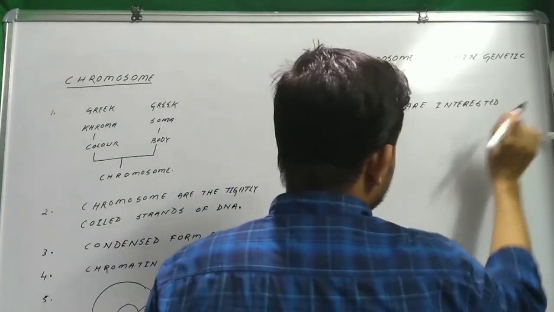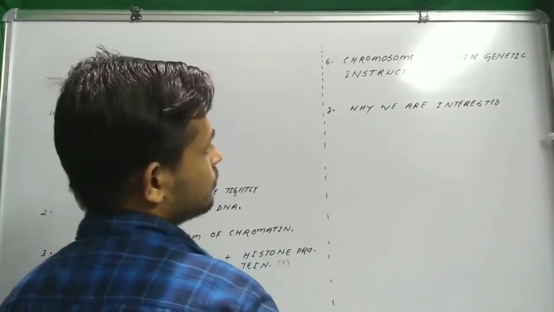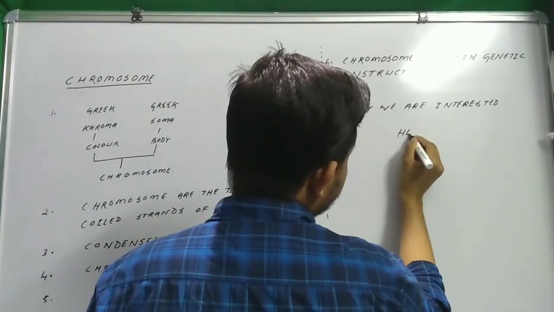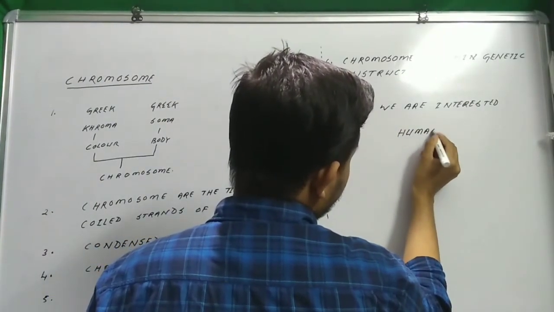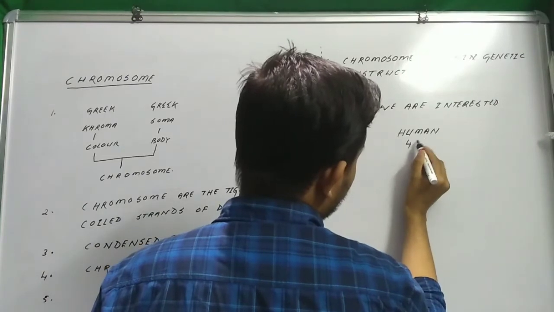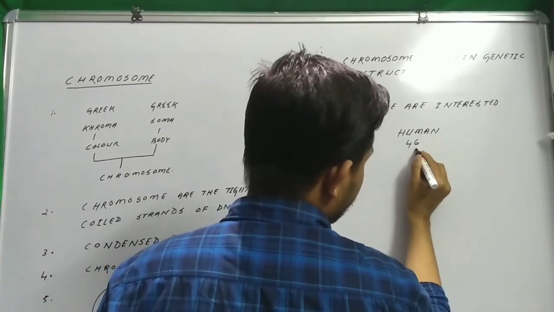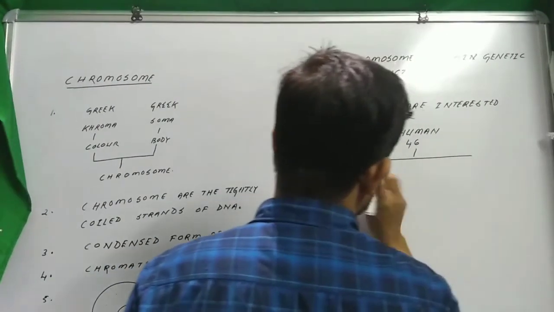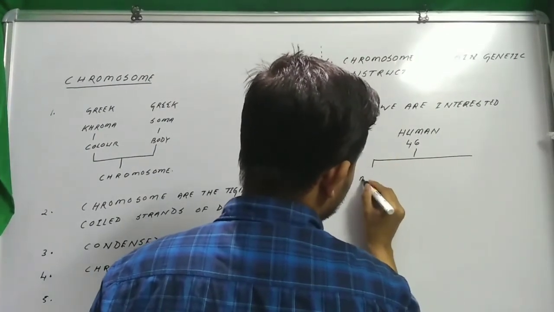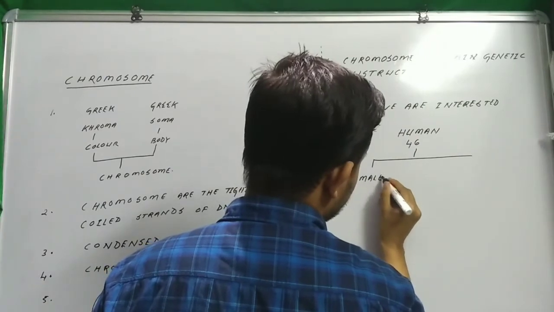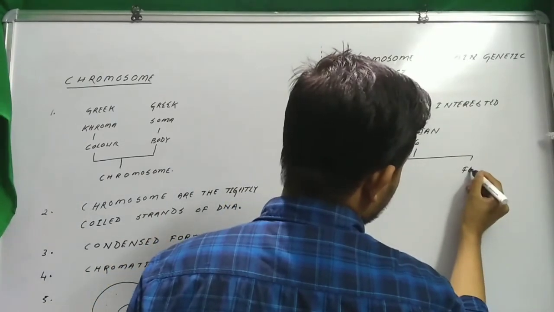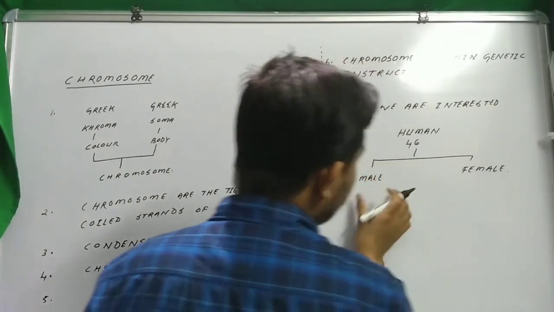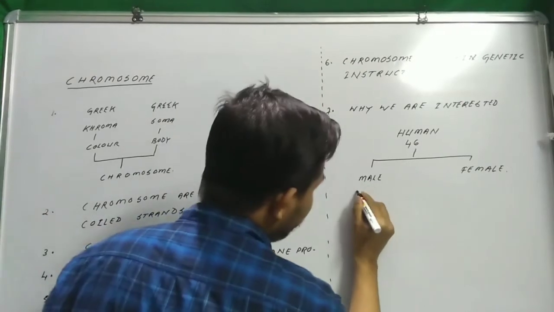So, dear students, you have to know that in humans the total number of chromosomes is 46, and out of the 46 chromosomes, 44 chromosomes are the same in male and female.